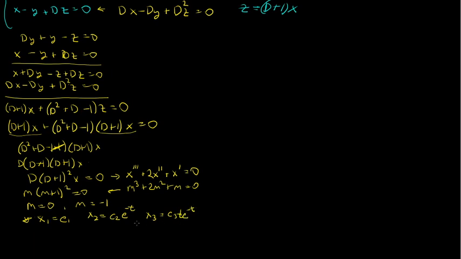We need a linearly independent combination here. So our x of t, putting this all together, is going to be c1 plus, factoring out the e to the negative t, (c2 plus c3 t) times e to the negative t. Okay, so that's a good start. We found the solution for x of t, but now what about y and z?